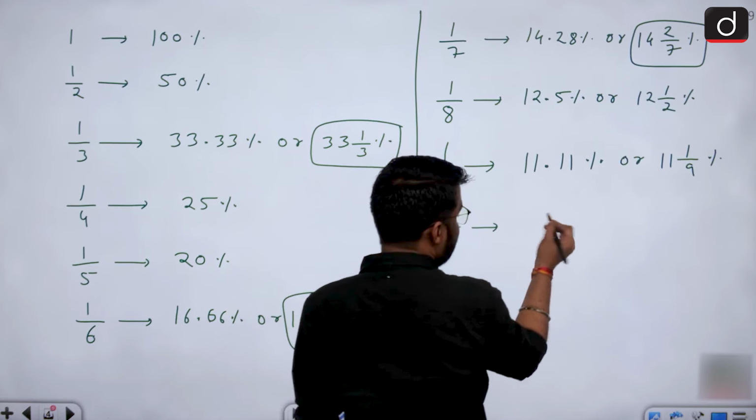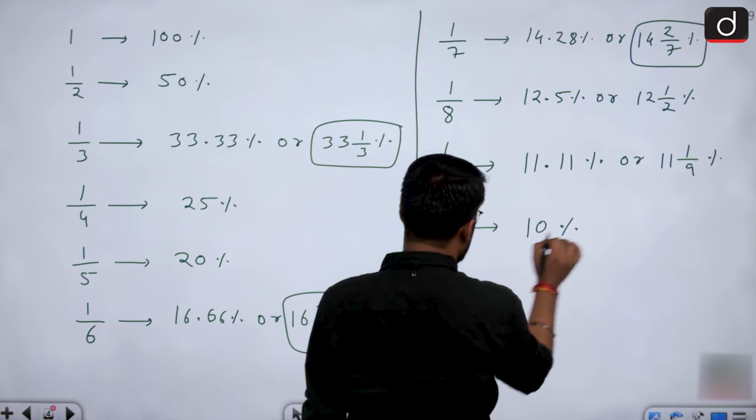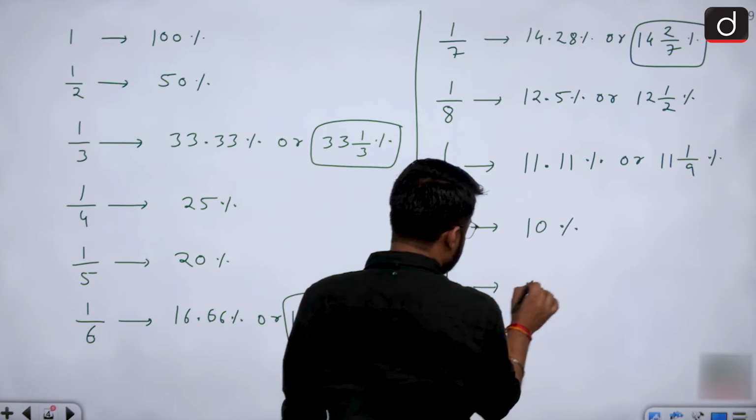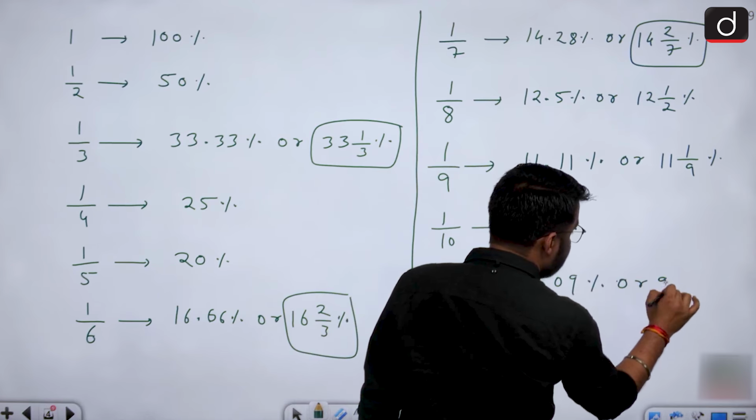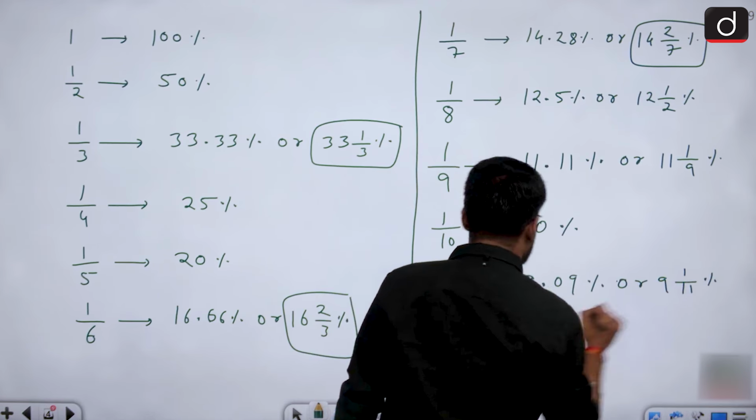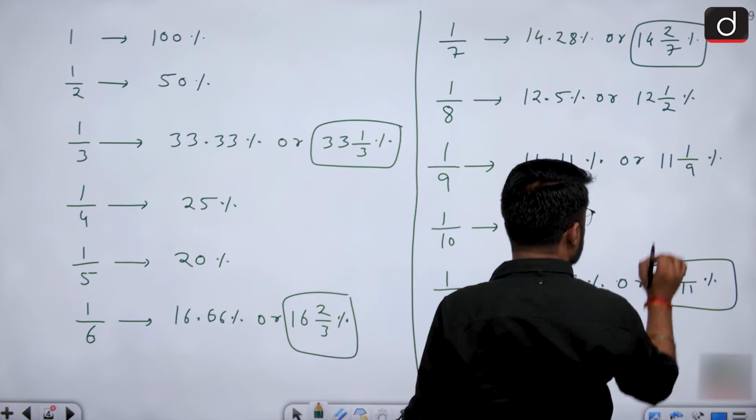Fractional value 1 by 10, its percentage equivalent is 10%. Fractional value 1 by 11, its percentage equivalent is 9.09% or 9 full 1 by 11%. बस ये आपको याद होना चाहिए commonly.